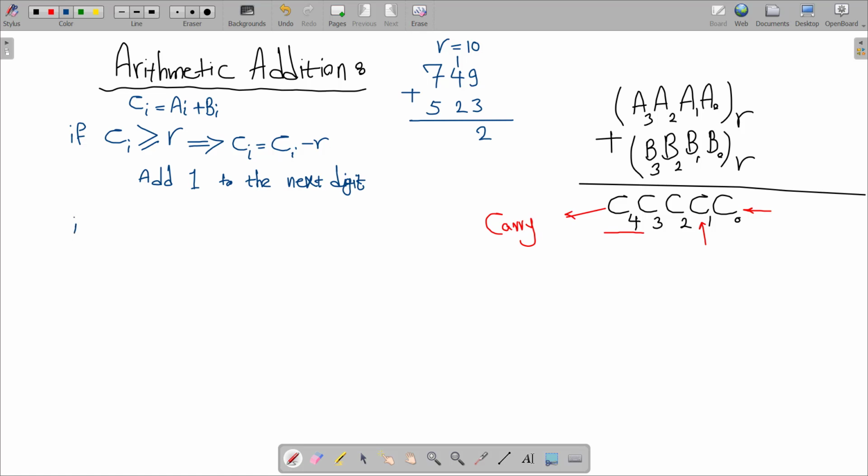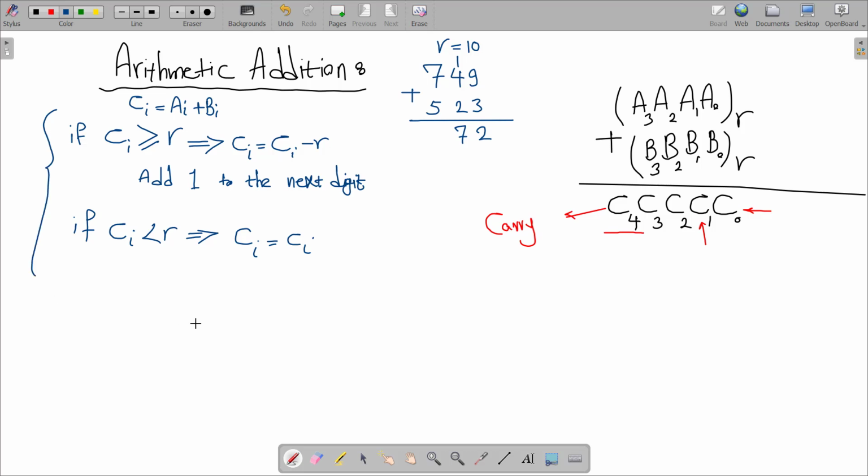So if Ci is less than R, something like that. Look at here, 1 plus 4 is 5, plus 2 is 7. Because 7 is less than 10, I directly write it. If Ci is less than R, Ci is equal to Ci.